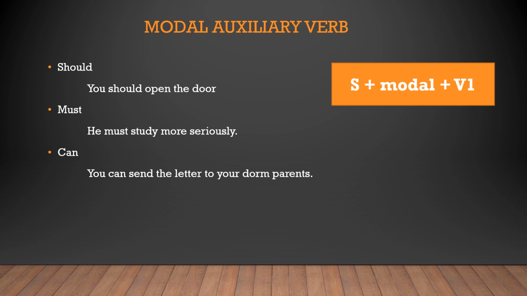Please note that this formula is used when we want to make an active sentence. When we want to make a passive sentence using modal auxiliary verb, please try to find the information by yourself, because we would like to focus more on the positive sentence.